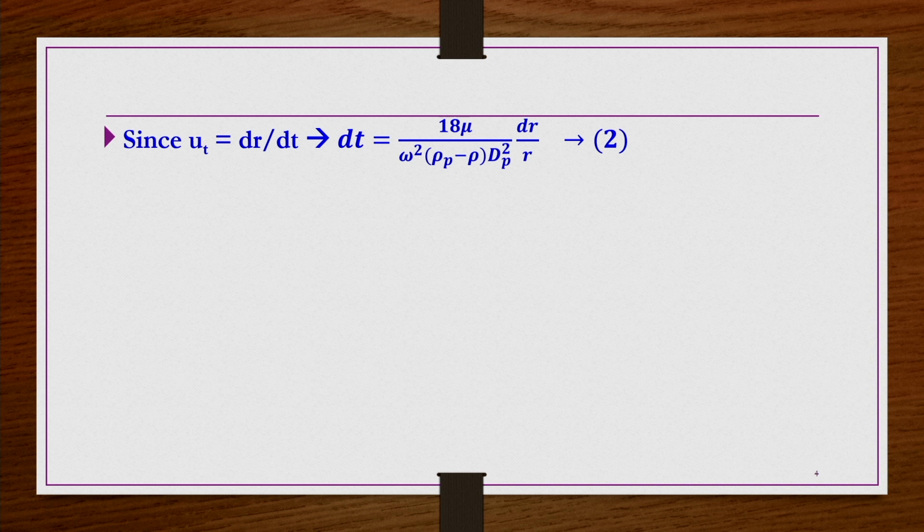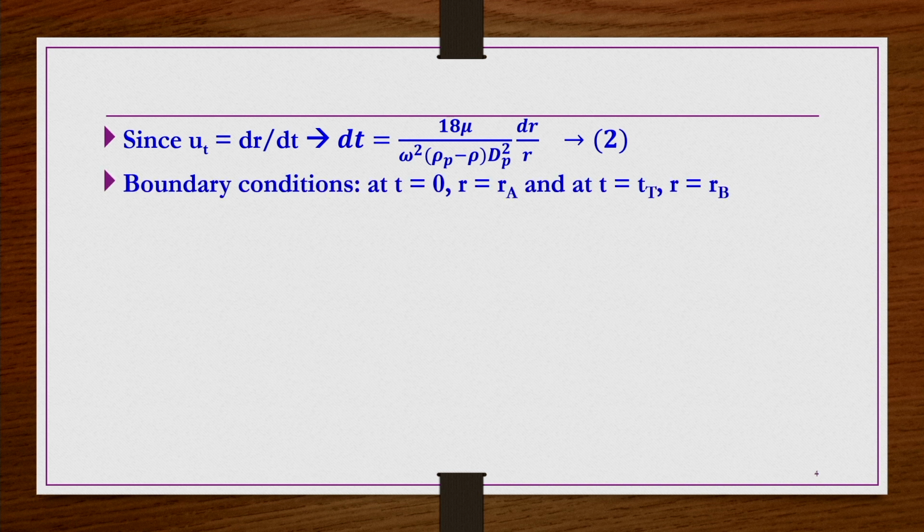So, at t equals 0, R equals RA, and by the end of the residence time of the liquid, the particle has to reach RB. That is the condition we have taken. So, at t equals Tt, R equals RB. Tt is nothing but the residence time of the liquid.